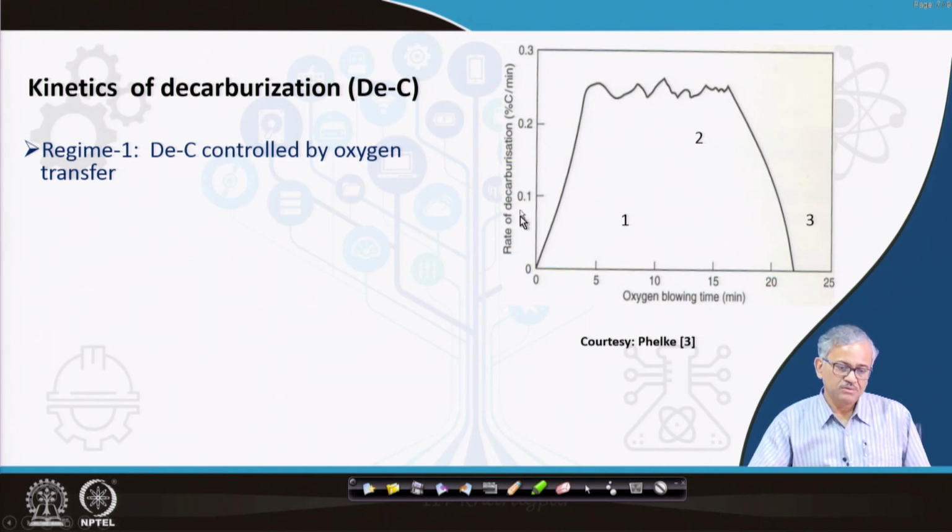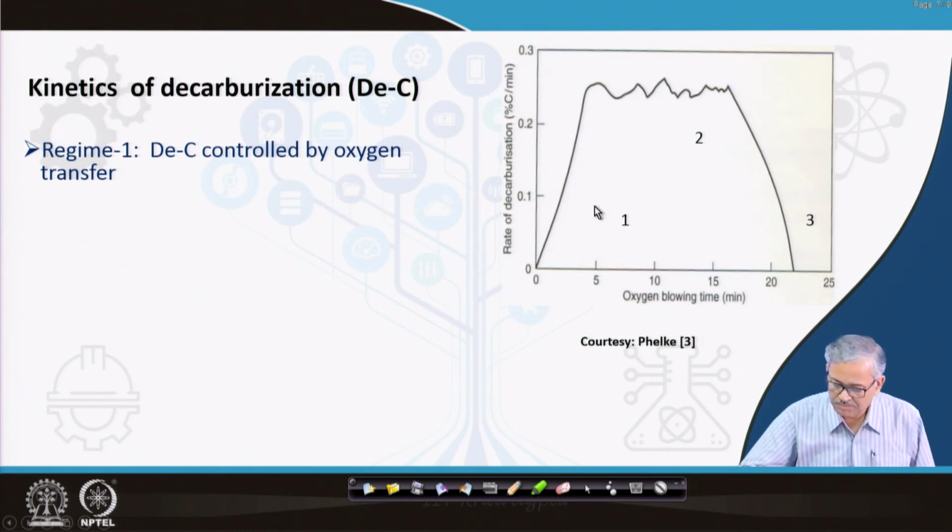So blowing practice has a role to play, because by changing the lance height up and down, you can change the JFN number. As a result, you can increase or decrease the decarburization rate, because you can change the partial pressure of oxygen and it will respond.